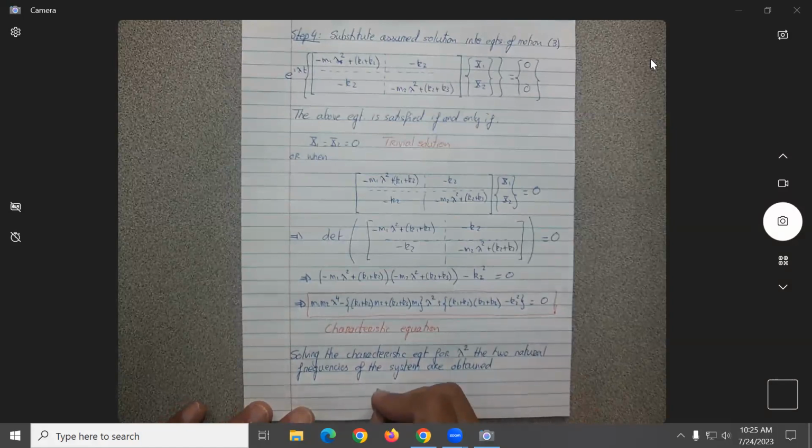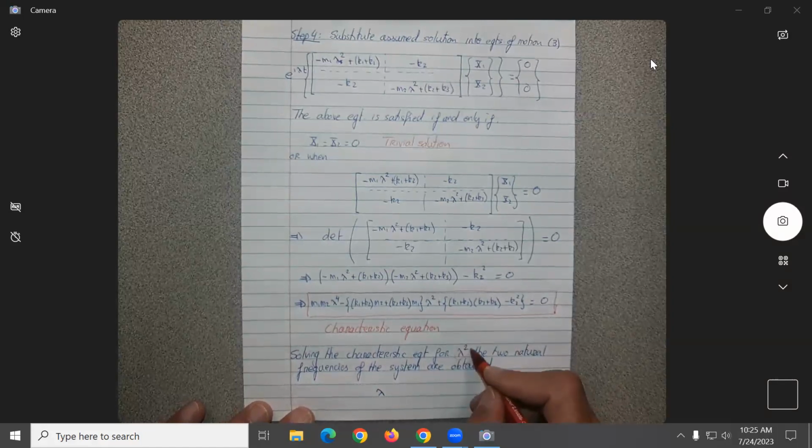So basically, if we solve the above system in lambda square, yeah, this is the variable.